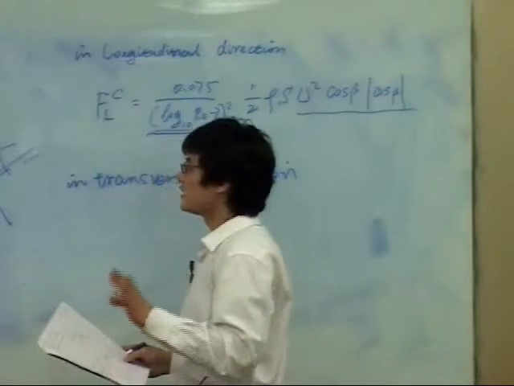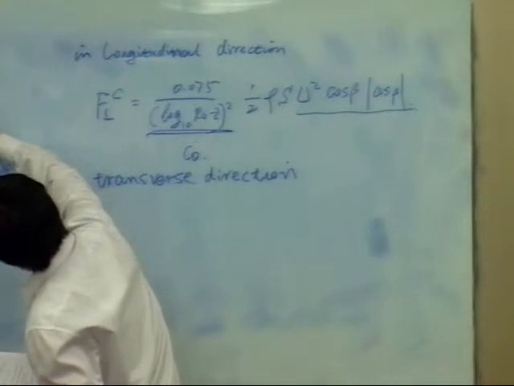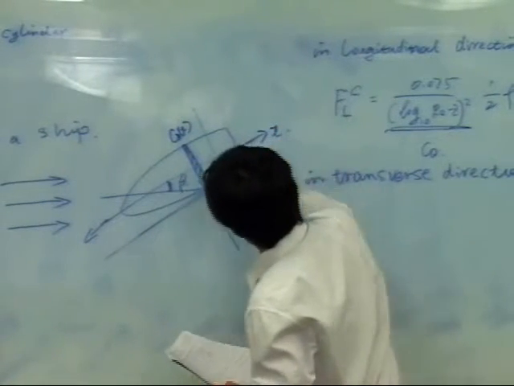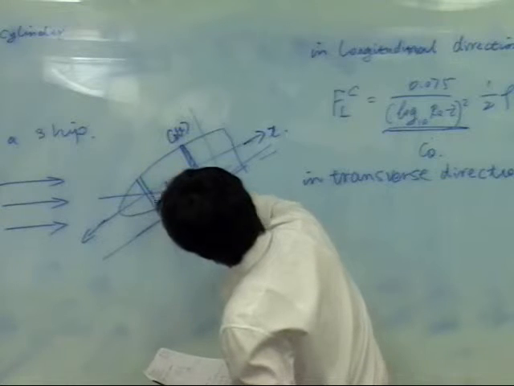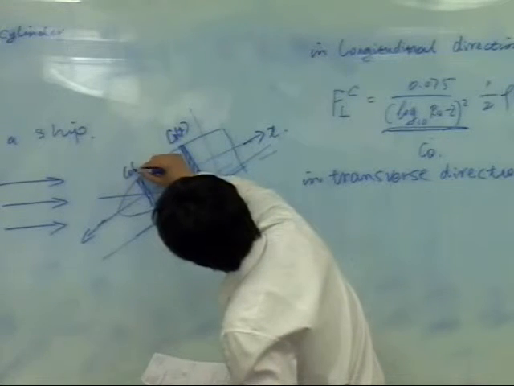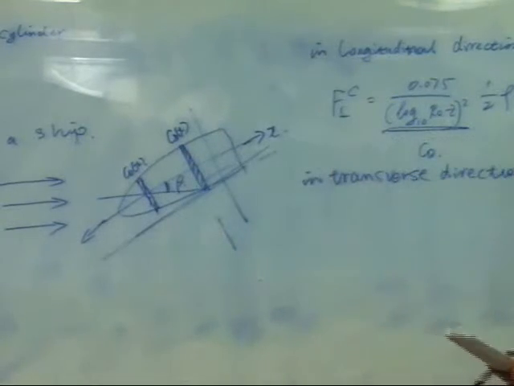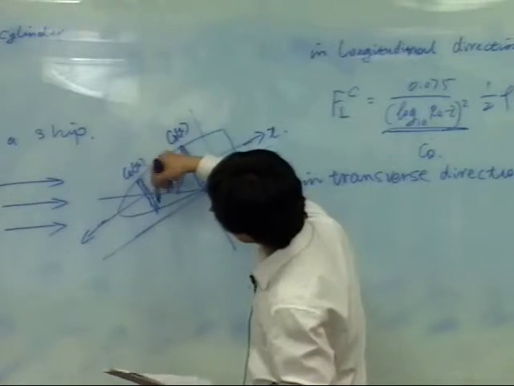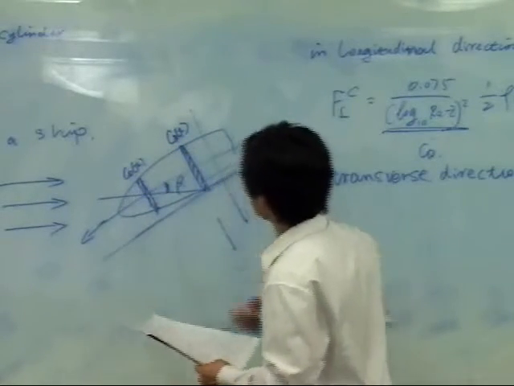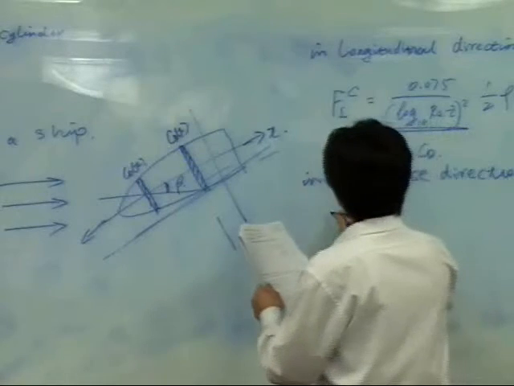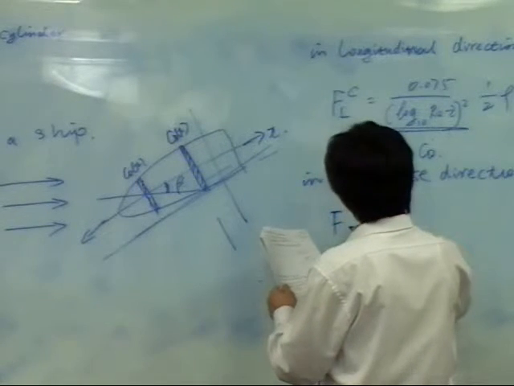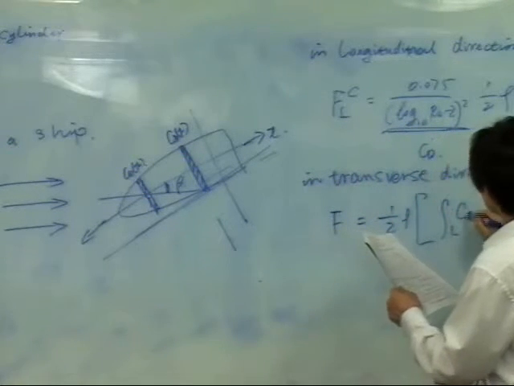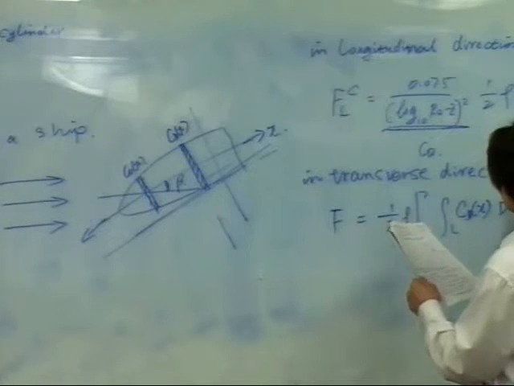If we can measure the coefficient on this small section as a function of x, and we can do many measurements to figure out this drag coefficient as a function of the cross-sectional area in the longitudinal direction, we can figure out the force through the integration of this.